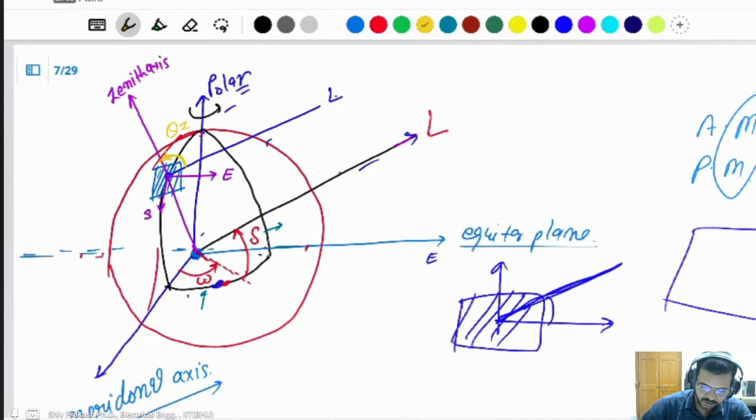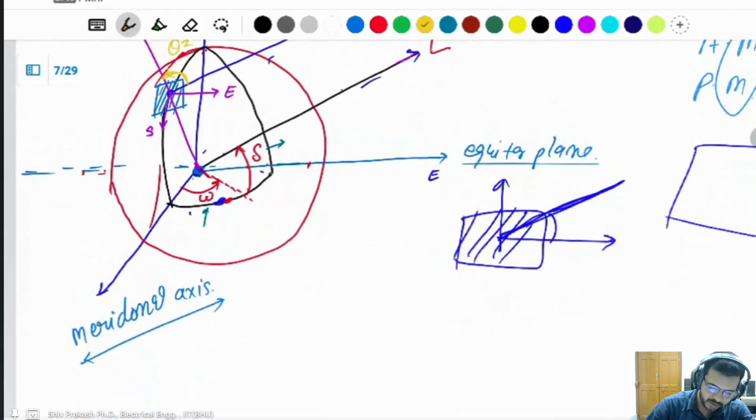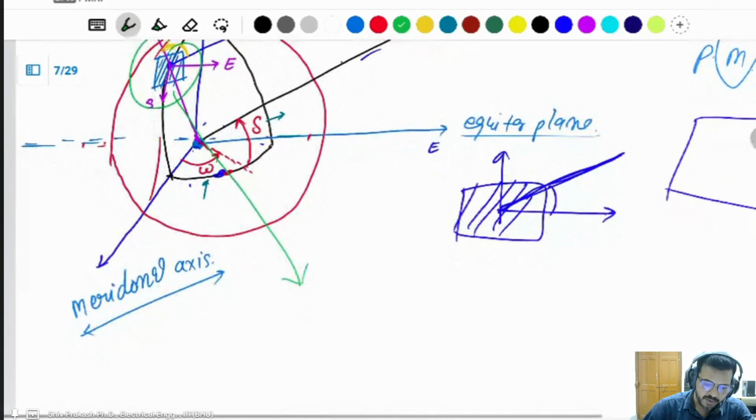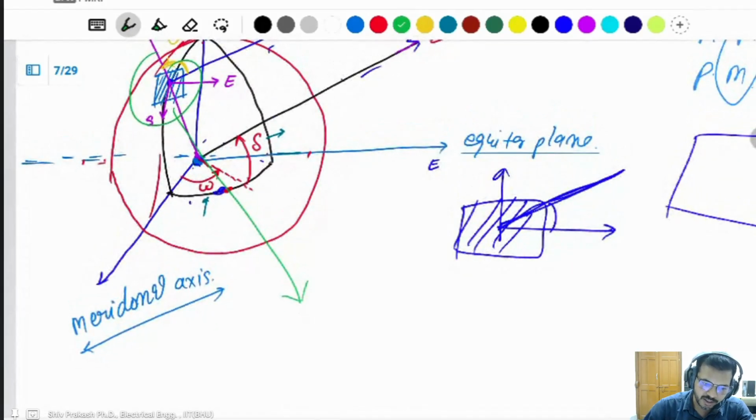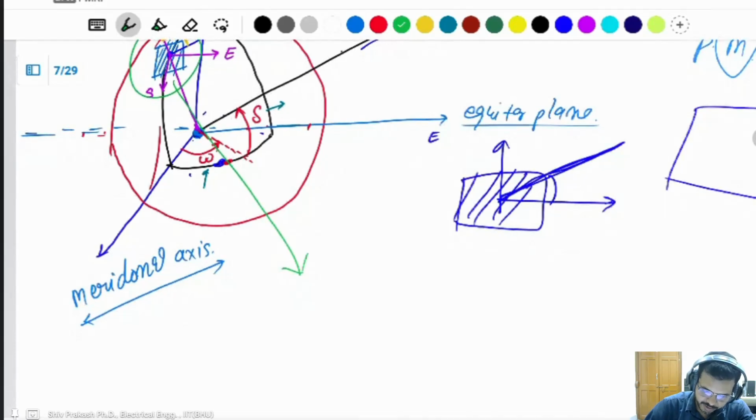Okay, I think you may be confused by this, so I draw the same thing here. I want to draw a coordinate system also. This will be the east, this will be the zenith axis z, and this will be the south.